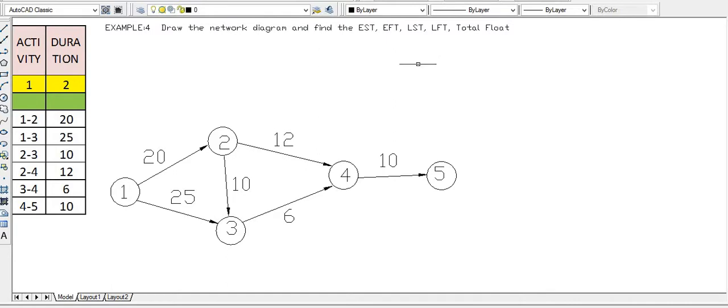Earliest start time and latest finish time we have to calculate first, and depending upon this we will calculate the further things. Okay. So first we will find out the earliest start times and latest finish times. For that we will first draw the rectangular part, because it is to be written here.